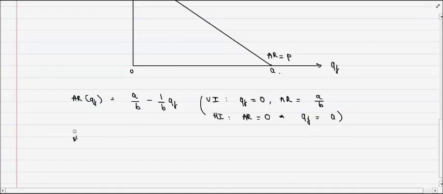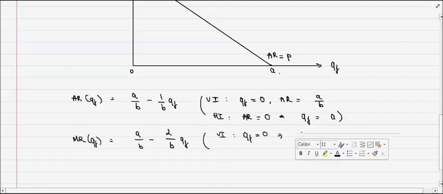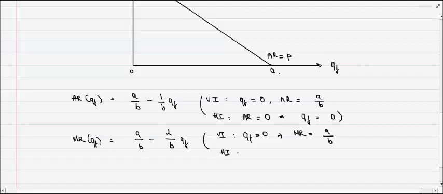It is very similar for the marginal revenue, which is equal to A on B minus 2 on B QF. For the vertical intercept, where QF equals 0, marginal revenue is A on B, so the same vertical intercept. The horizontal intercept is where I make marginal revenue equal to 0, so QF is equal to A on B divided by 2 on B, which is A on 2.